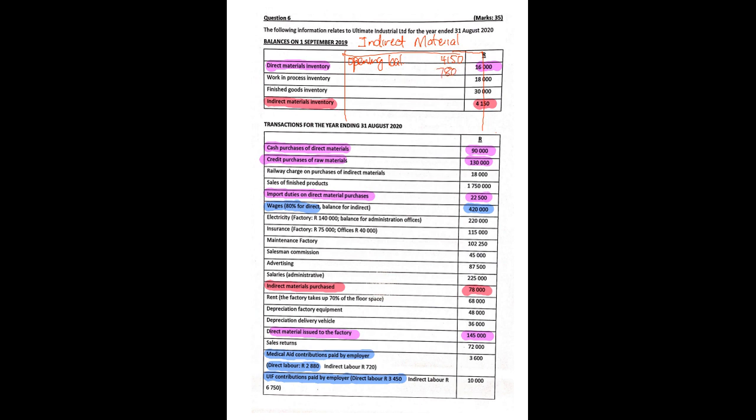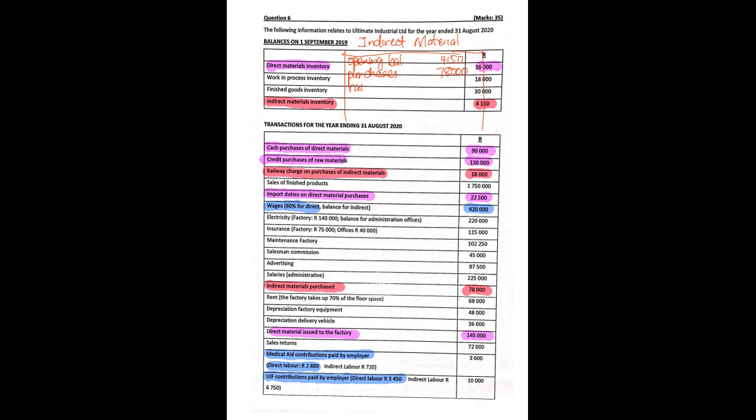They didn't tell you whether it was in cash or credit, so I'm just going to say purchases. Then you'll look for any railage, carriage, and so on. There was the railage charge, 18,000 Rand. So I'm going to say railage, and that was 18,000.